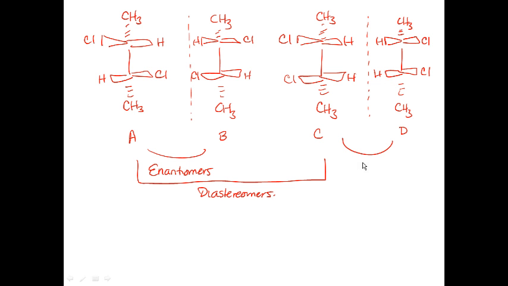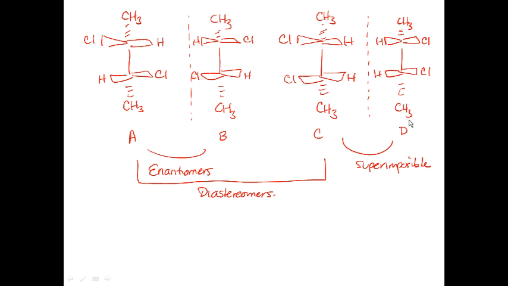So C and D are going to be superimposable mirror image isomers. Now that's something that we haven't encountered before. We said enantiomers were non-superimposable mirror image isomers, but now C and D are superimposable.